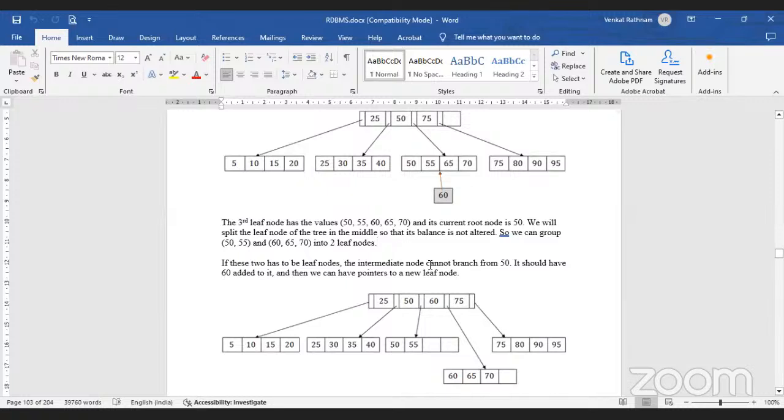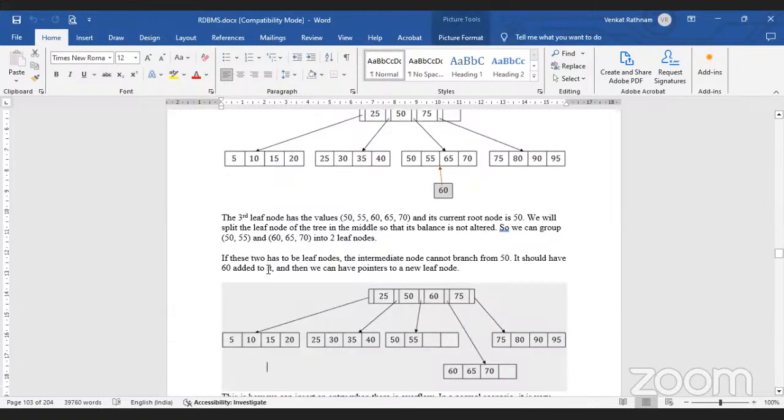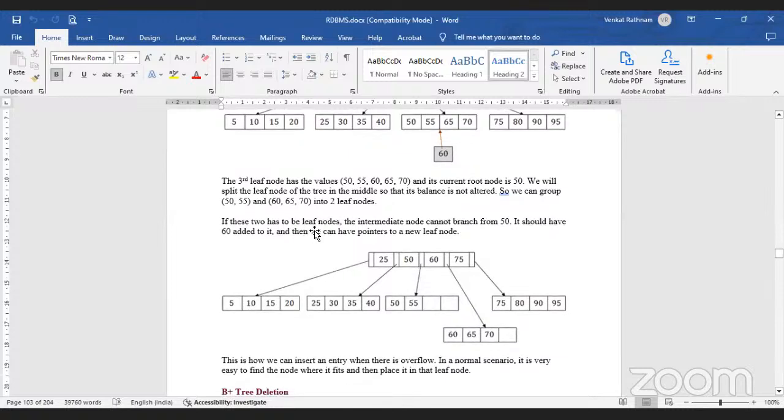And we have one more here, that is the value 60. These two have to be leaf nodes, and the intermediate root node cannot branch from the 50 alone. Whatever I said, 60 has to be added.